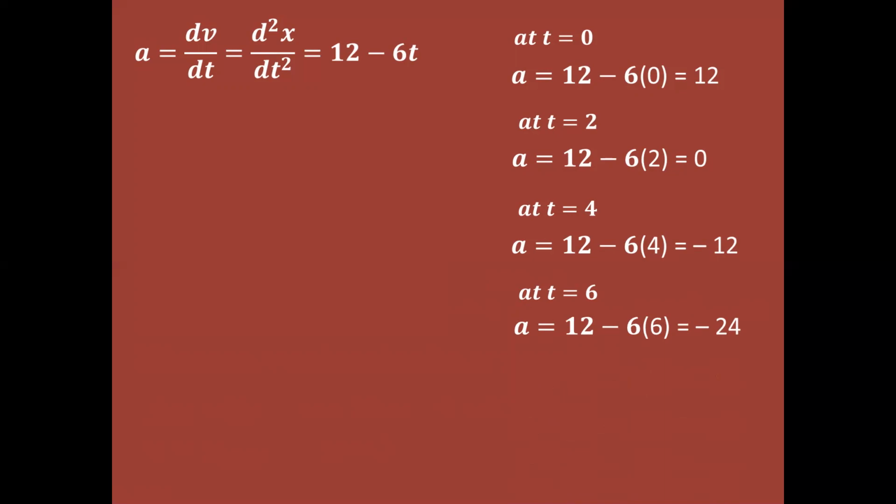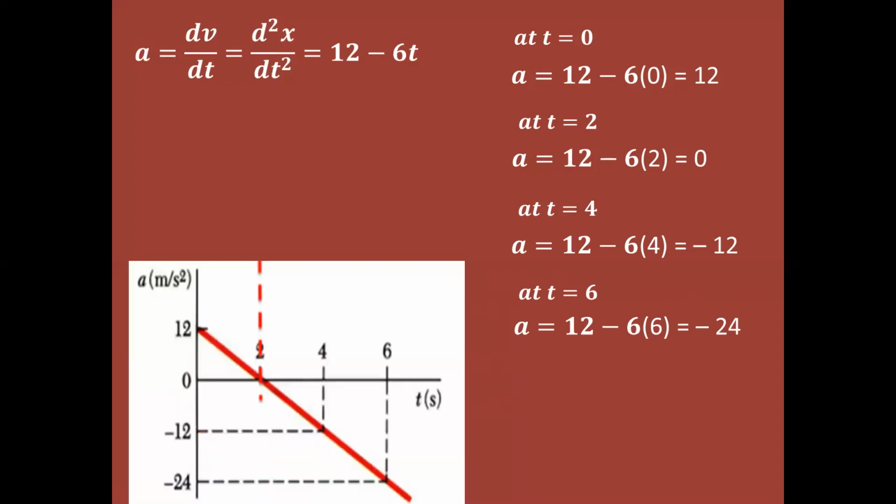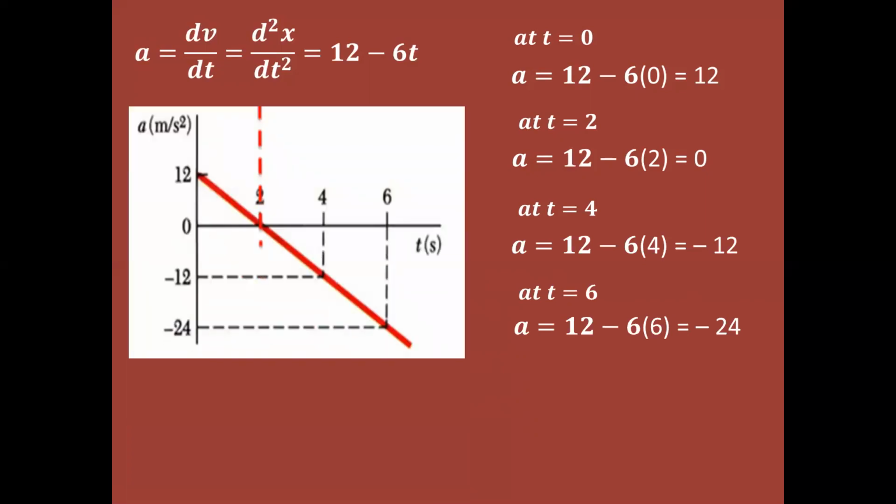Now we have already completed all the coordinates that we need so that we can sketch the graph of our equation of motion in terms of acceleration and time. Let's have now a sketch of the graph. Start with our first coordinate.